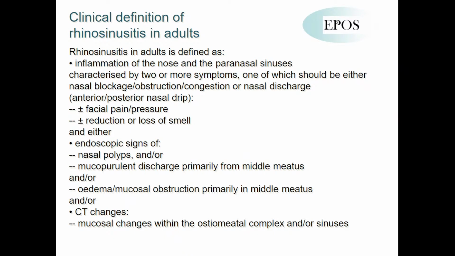Rhinosinusitis in adults is defined as inflammation of the nose and the paranasal sinuses, characterized by two or more symptoms, one of which should be either nasal blockage, obstruction or congestion, or nasal discharge, anterior or posterior nasal drip; facial pain or pressure; reduction or loss of smell; and also endoscopic signs of nasal polyps or mucopurulent discharge primarily from the middle meatus and/or edema or mucosal obstruction primarily in the middle meatus and/or CT scan changes.